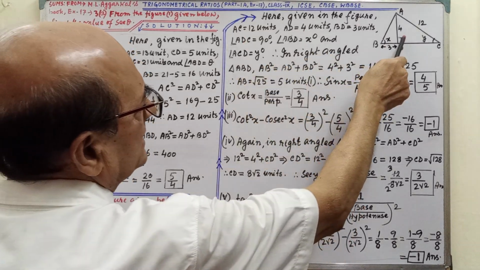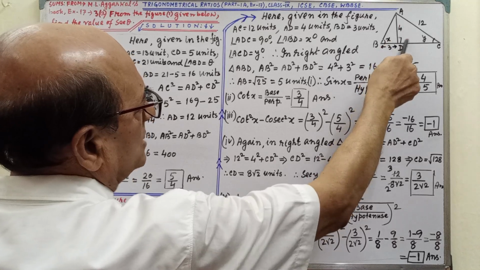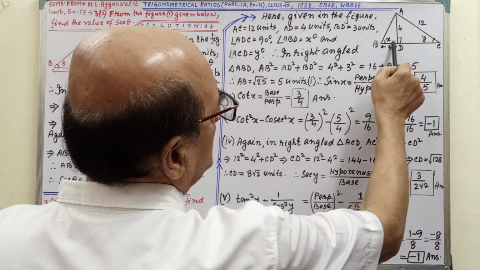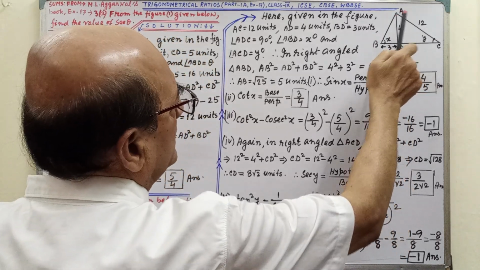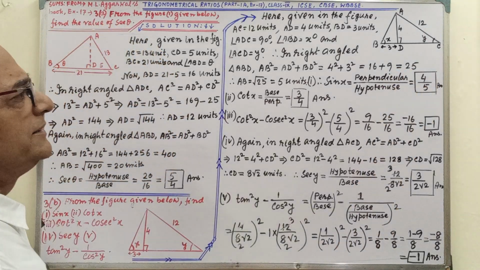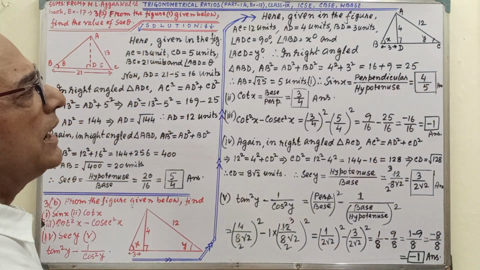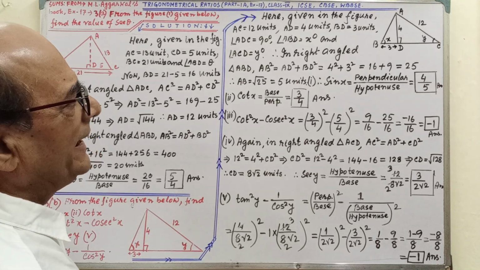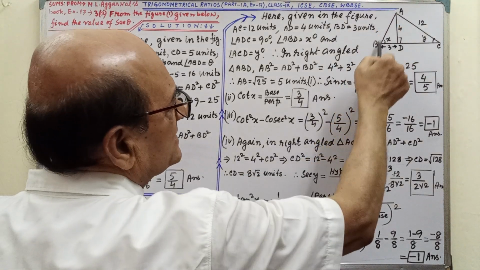Angle ADC, this is 90 degrees, this is the perpendicular, so it is 90 degrees. Angle ABD is x degrees, and angle ACD is y degrees. These are given. Now we have to find out AB.